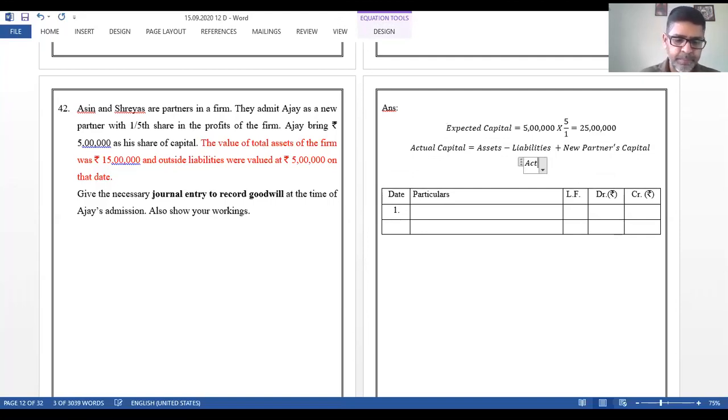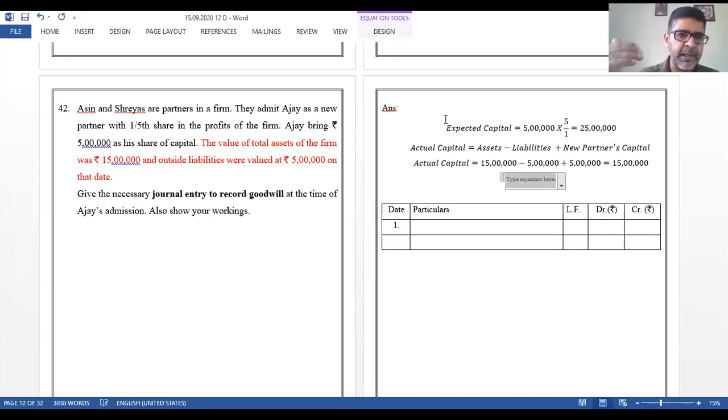Actual capital is equal to assets minus liabilities, which is 15 lakh minus outside liabilities of 5 lakh. That is the net worth of the business. Capital brought in by Ajay is rupees 5 lakh. So this will give us 15 minus 5 plus 5, which is 15 lakh itself. So expected capital has been calculated, actual capital has been calculated.